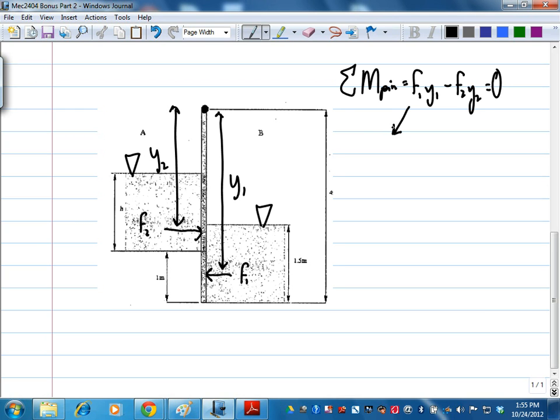Pressure at the centroid is at the center of 1.5, so 0.75. Rho G 0.75, that's the pressure, times the area, 1.5 times B into the page, times y1.